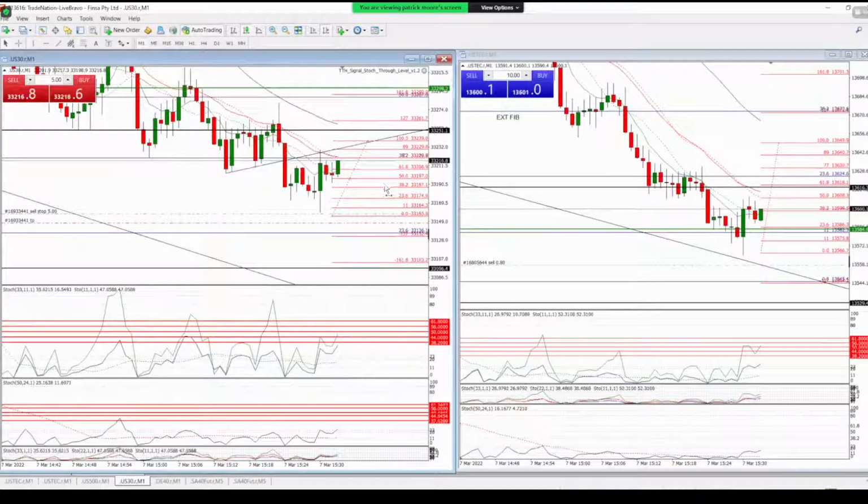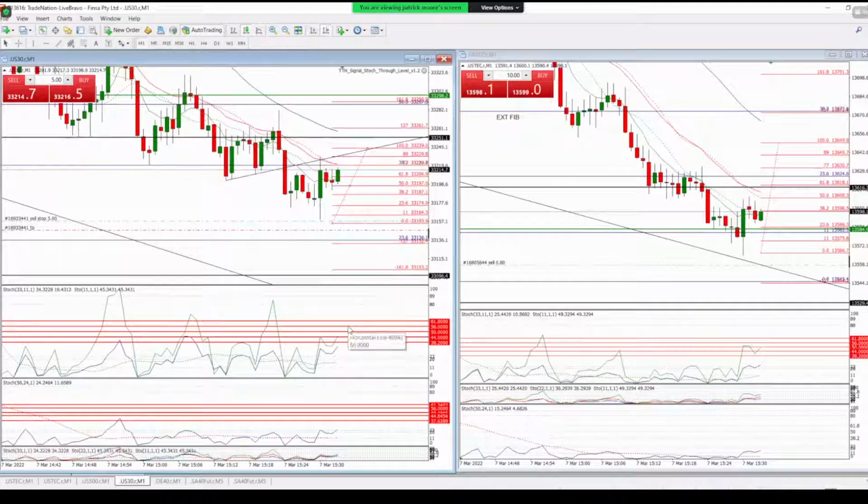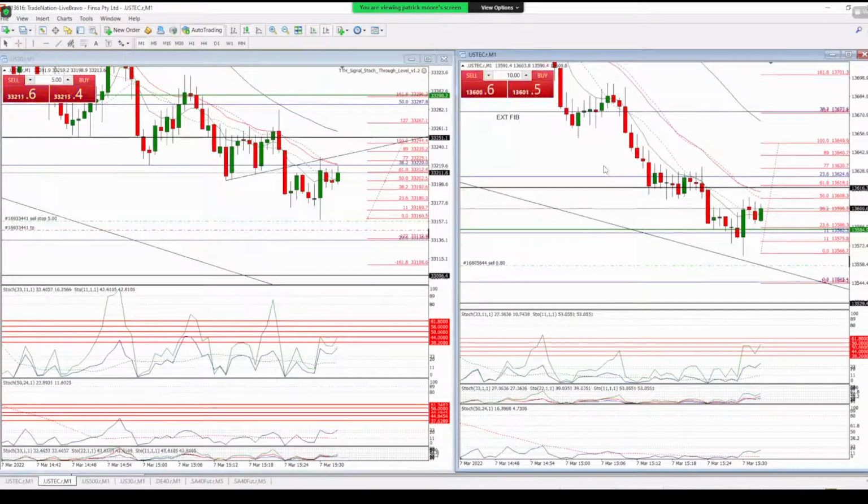Another option is stochastic up through 50. I'll take that long on the Dow. I'll take it long on the US tech as well at that time. I'm watching Dow. Watch US tech for me, please. When it gets to 44.